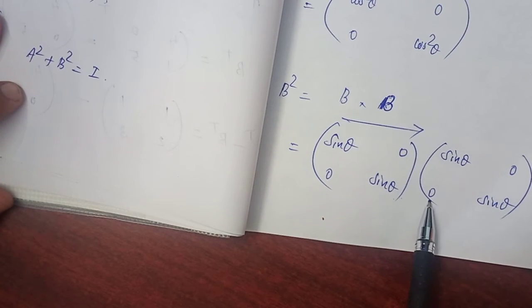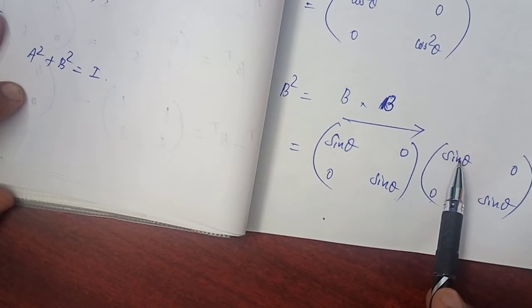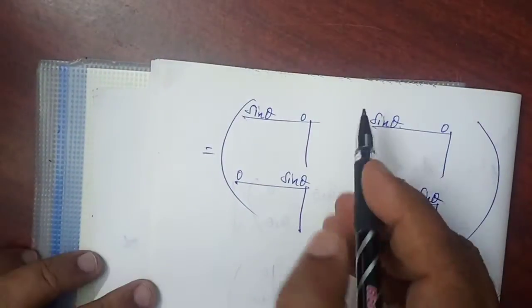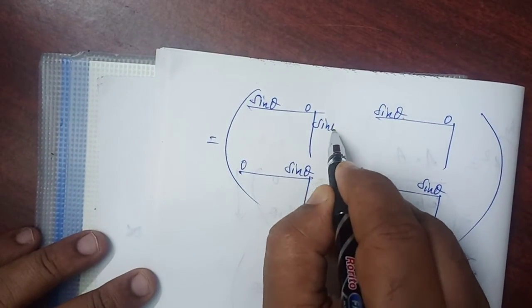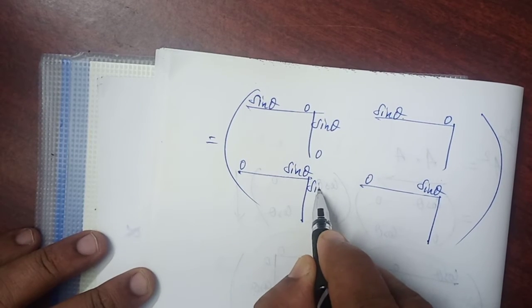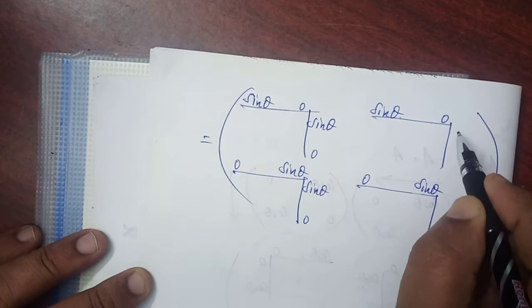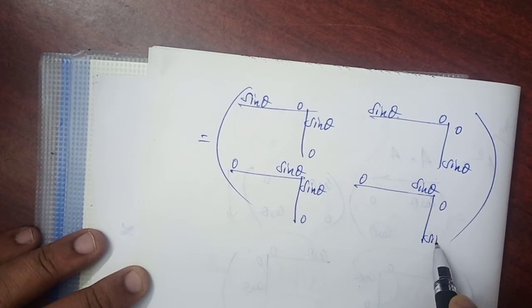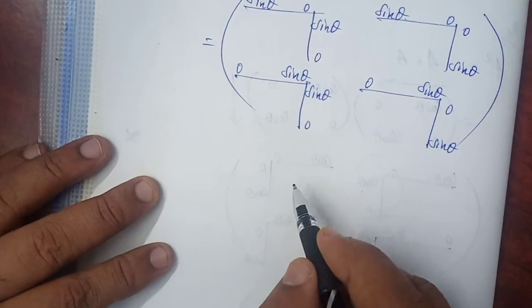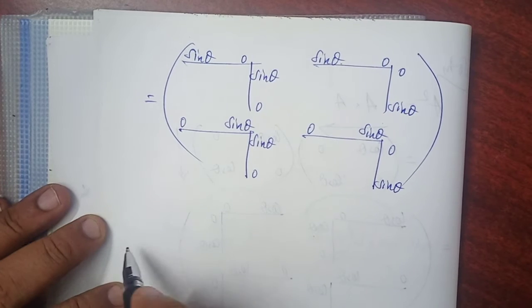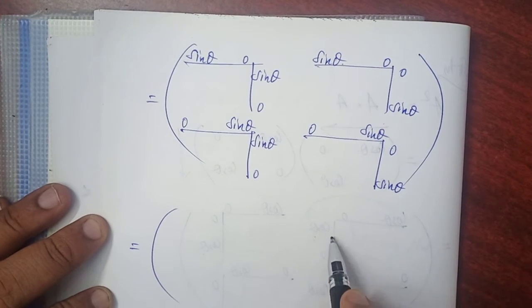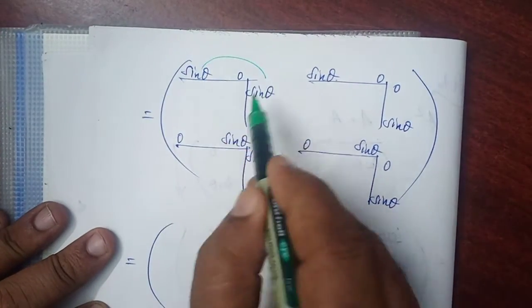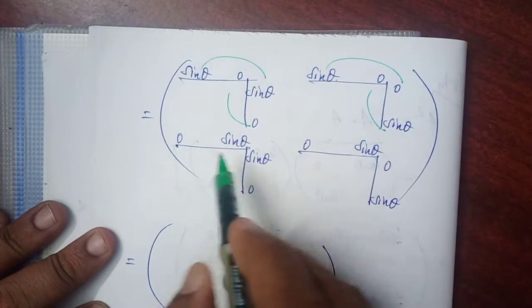Second matrix, first column sin theta 0, then second column 0 sin theta. Equals, first with the first, second with the second.